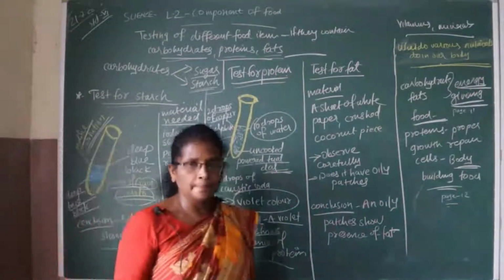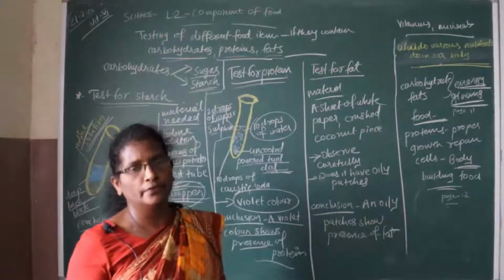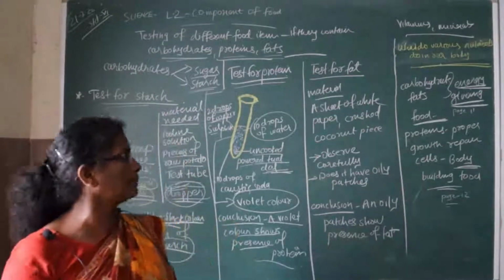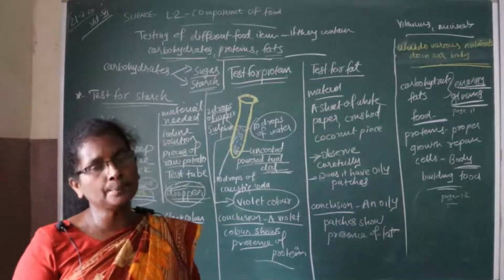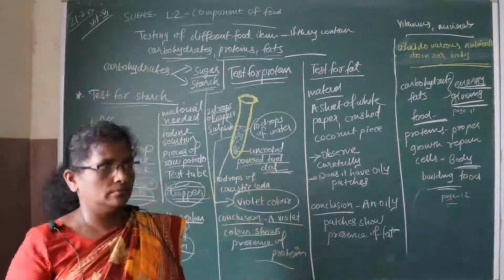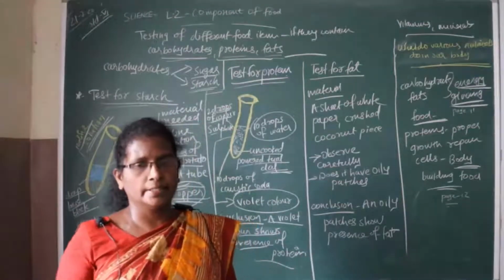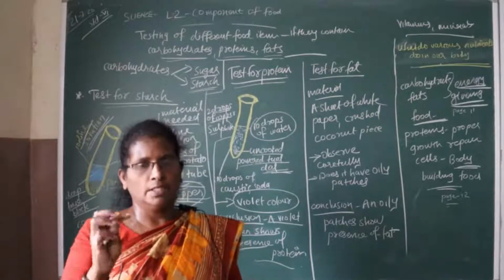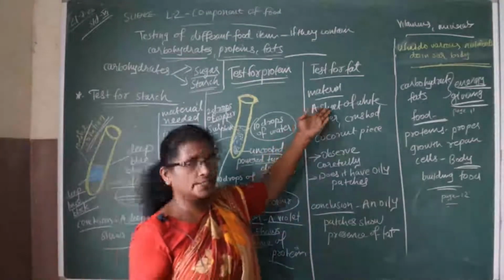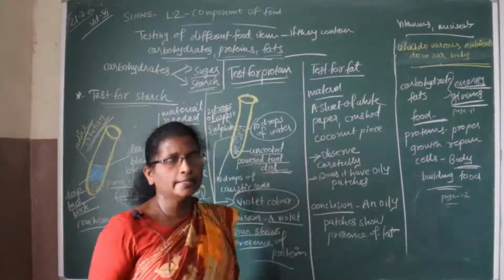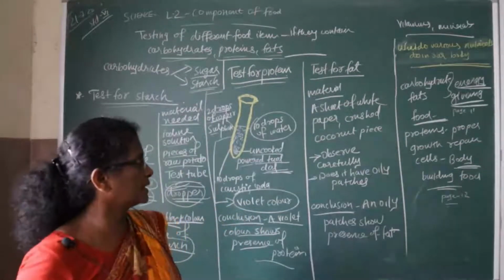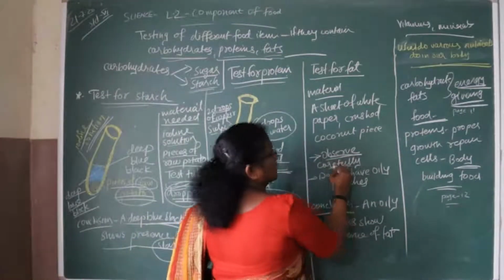Then the third one is the test for fat. Students, in this test we need a sheet of white paper and pieces of crushed dry coconut. Take small pieces of crushed coconut, cover them with a sheet of white paper and crush them. After a few minutes, observe it carefully.